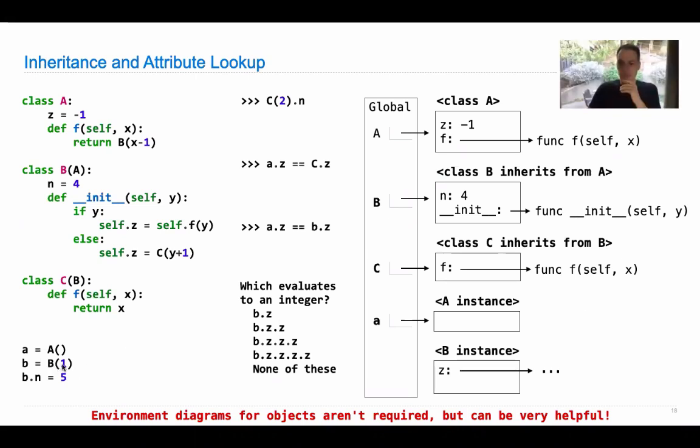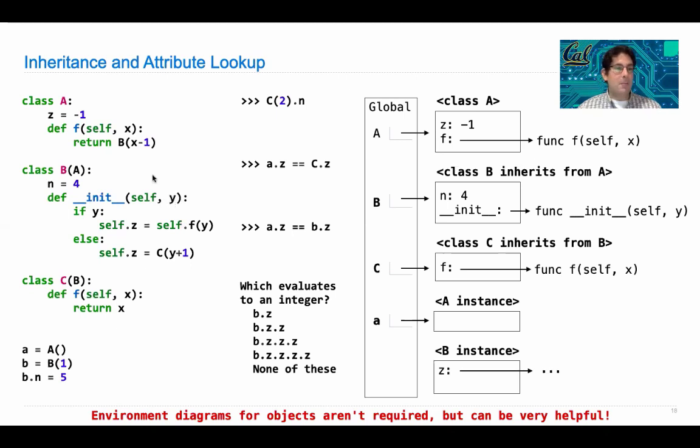When we call B, then we create an instance of the B class, but we do have to call its init method because it has one. And this is what always happens when you create a new object. You start it out as a blank slate, and then you start passing it in as well as any arguments to the original constructor.